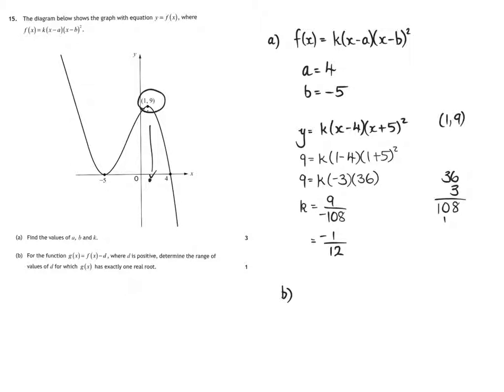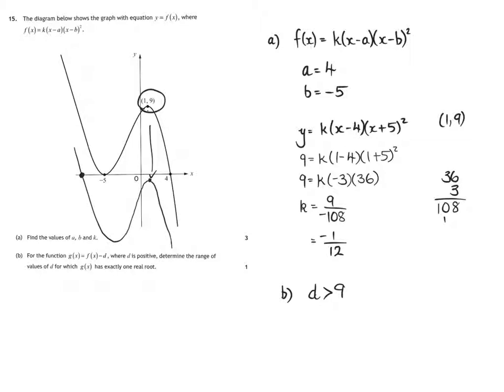And for that to happen, we need to move it down more than 9. Okay, so then that is telling us that d has to be greater than 9. Because once that one's below there, we're going to have a graph that goes like this, which only has the 1 root.